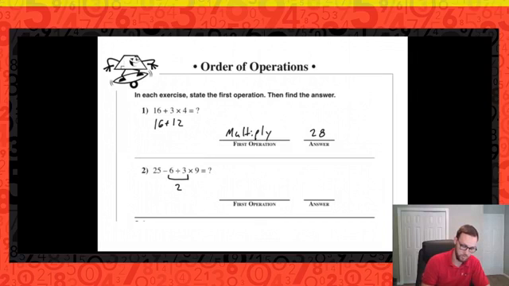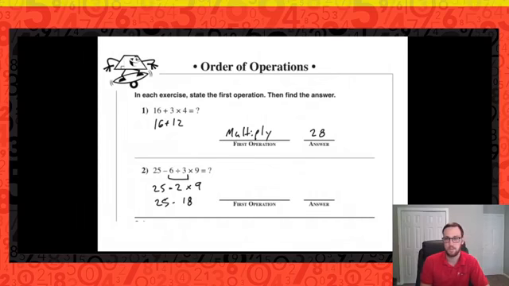And now, still looking at my new problem, I have 25 minus 2 times 9. I still have multiplication to do. 2 times 9 is 18. Very good. And if I do 25 take away 18, what do I get?